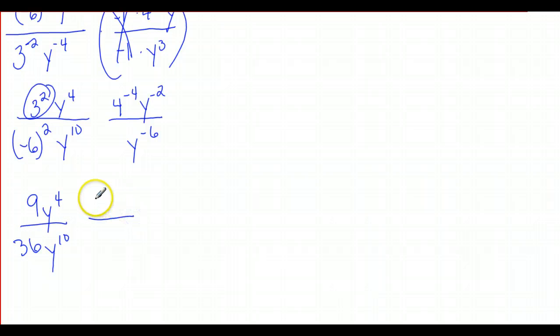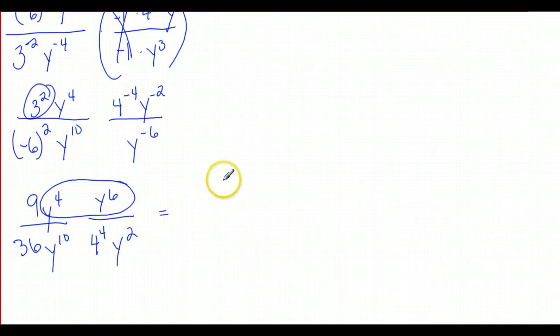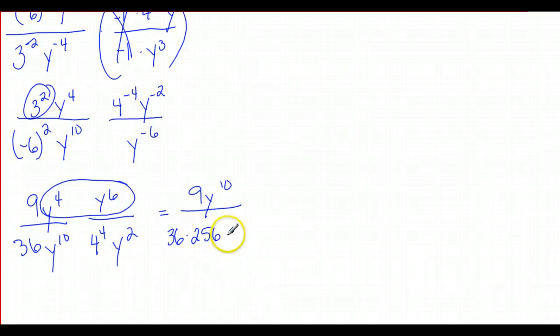And on the right, I have my y to the 6th now in the numerator, my 4 to the 4th, and my y squared. Right, now I'm going to combine what I have in the numerator. So I have a 9y to the 10th over a 36 times, I believe it's 256, and then y to the 10th and y squared. And I can combine my y's.